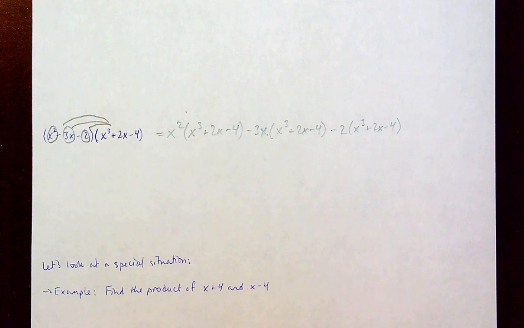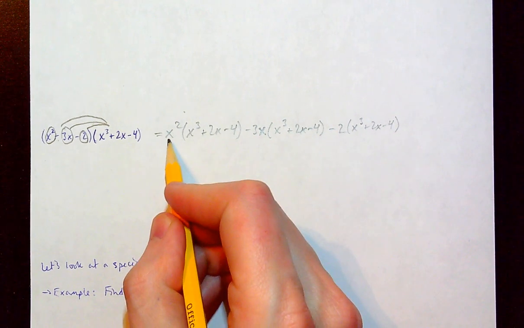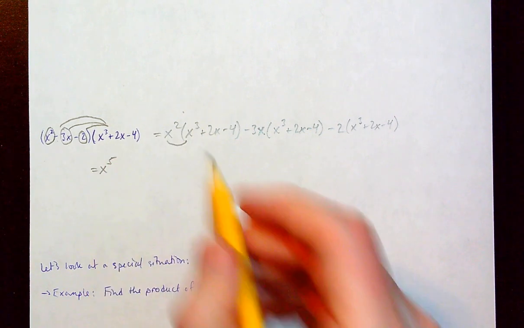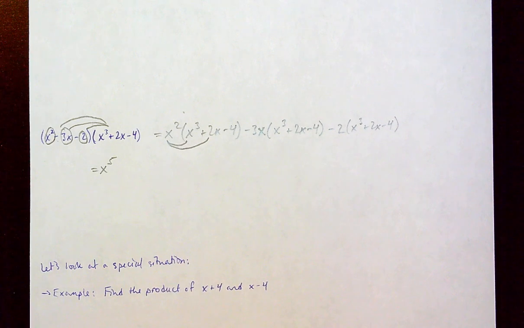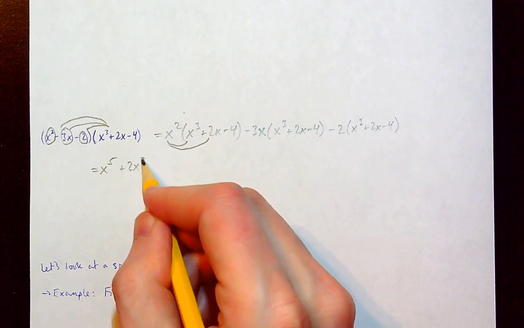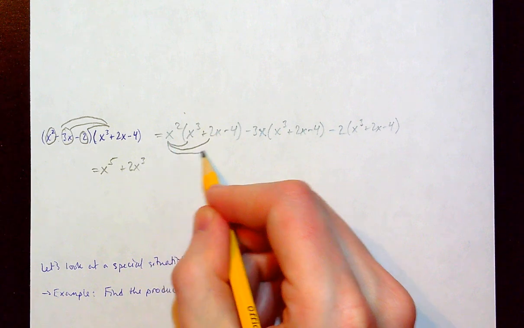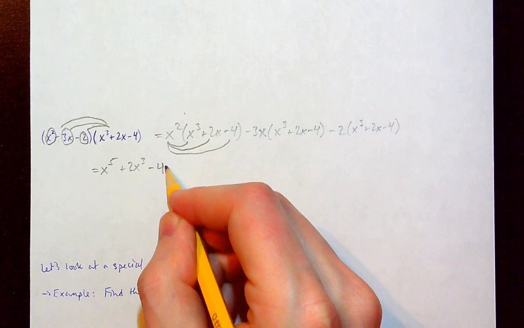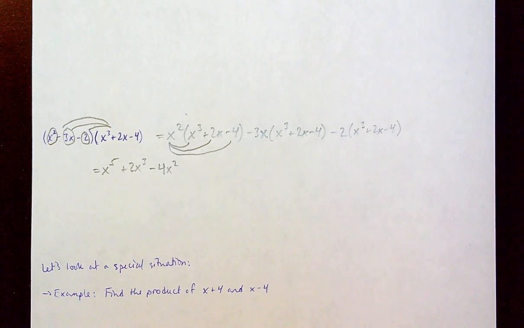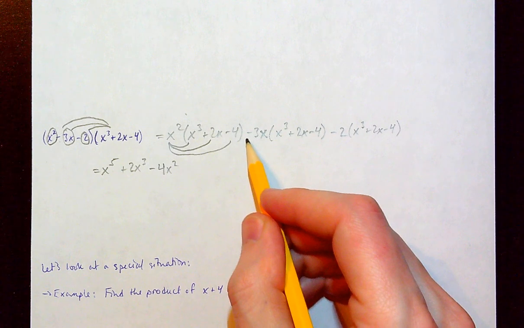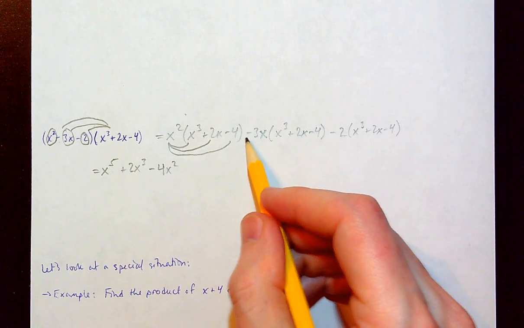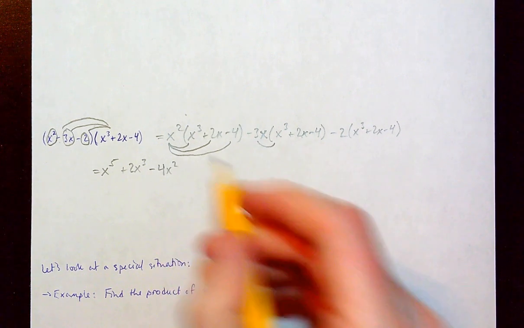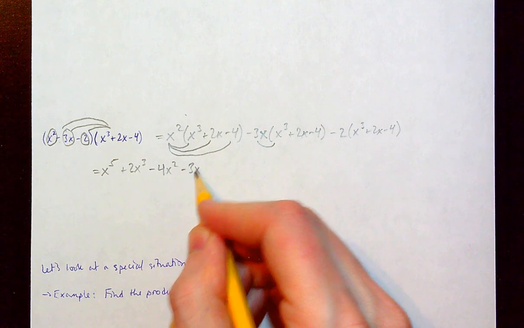So now we have a lot of simplifying here. I have x squared times x to the third, which gives me x to the fifth. X squared times a positive 2x gives me plus 2x to the third. Then an x squared times a minus 4 gives me minus 4x squared. Now, paying close attention to the minus sign we have in front, I have a minus 3x times the x to the third is minus 3x to the fourth.